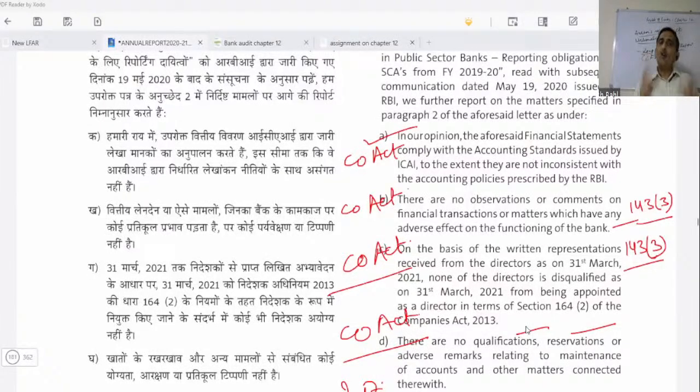Okay, the long form audit report, all the contents is not in your syllabus, only a paragraph or two is written in your module. You have to understand this much only, but for the sake of remembrance and for practicality, I will show you the contents of long form audit report. Okay.